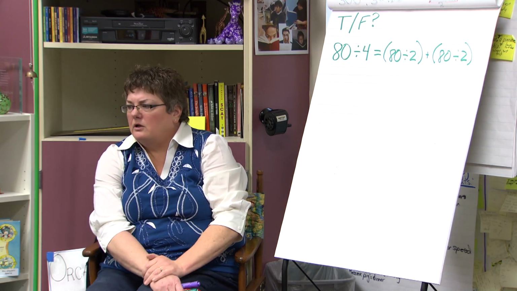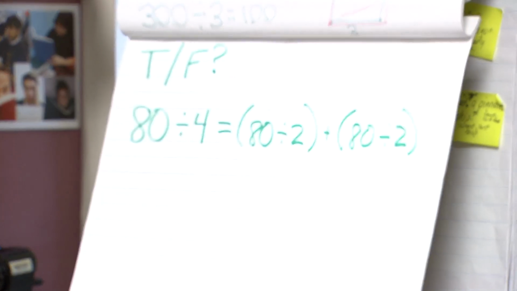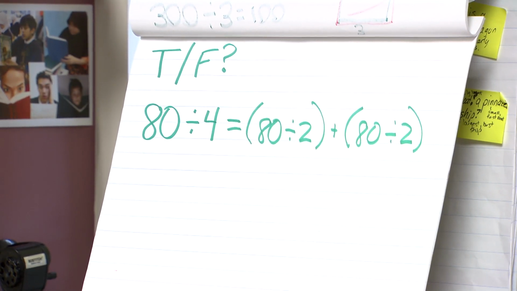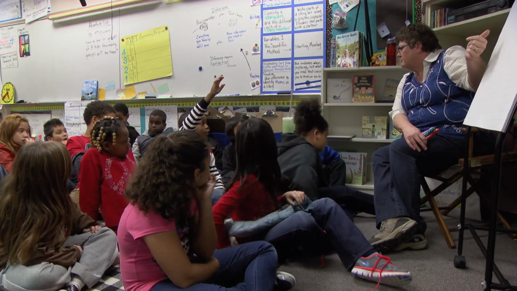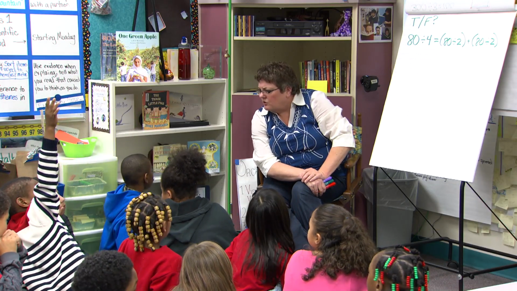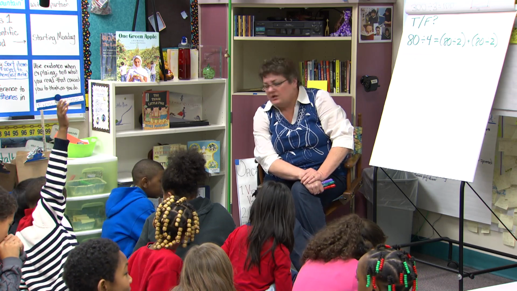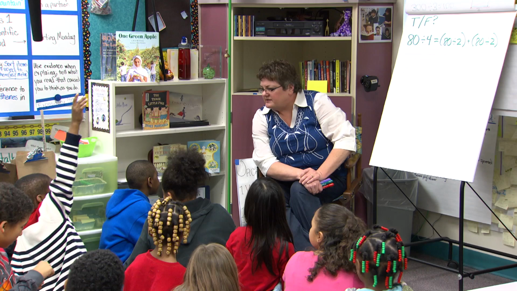I was next. Who were some of the people that were thinking false? You said me. Just wondering what you're thinking now. And so, Romy, what are you thinking now after listening to Akaya? I think it's still true. Why do you still think it's true? Did you understand what Akaya said? Not really. You want her to say it again?